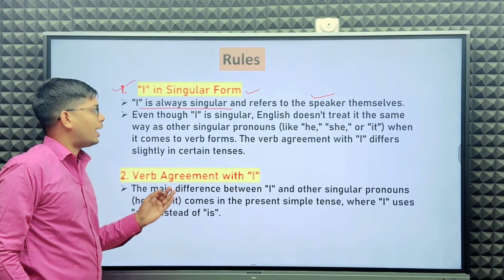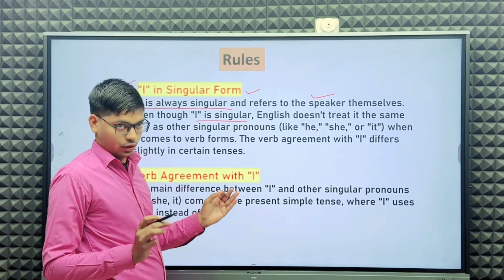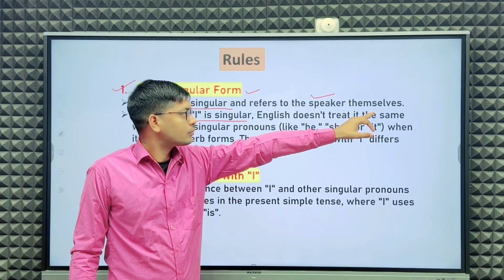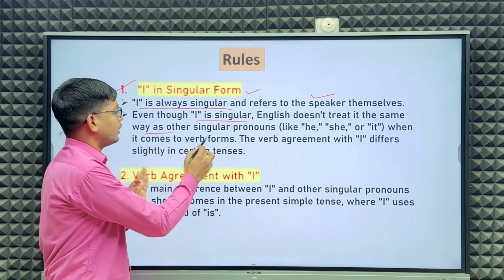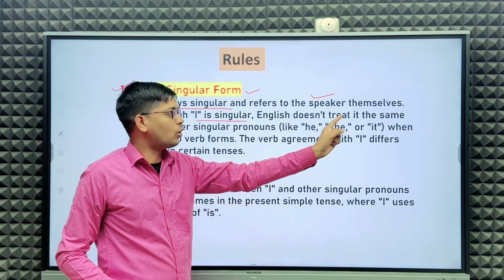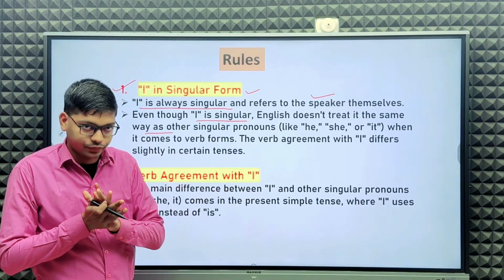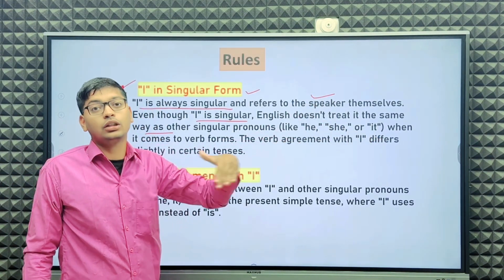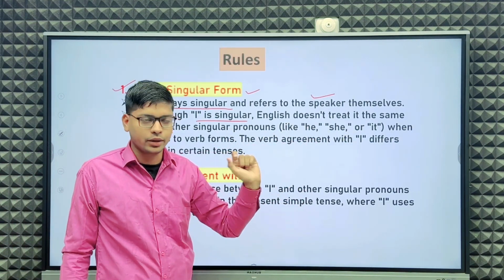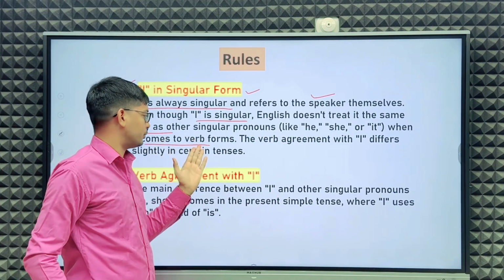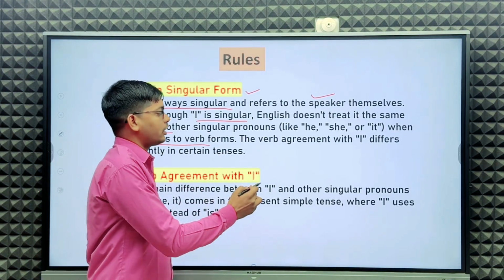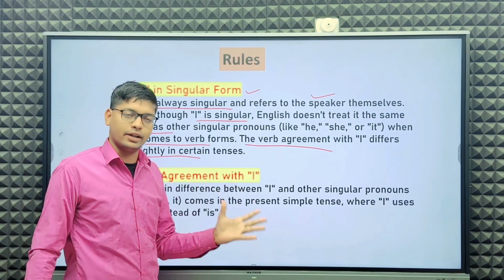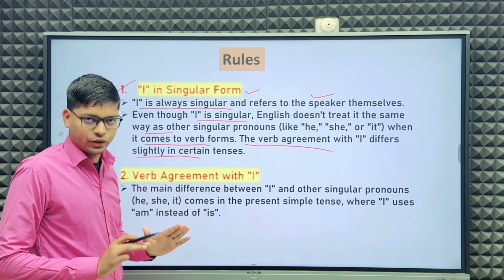Even though "I" is singular, English doesn't treat it the same way as other singular pronouns like he, she, or it when it comes to verb forms. The verb agreement with "I" differs slightly in certain tenses. This is our first rule.